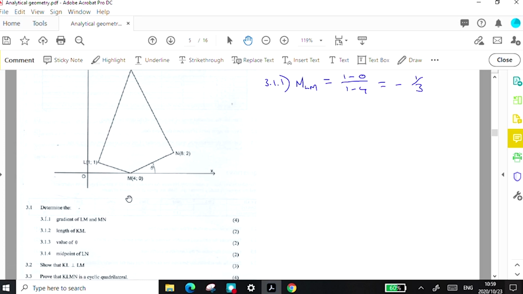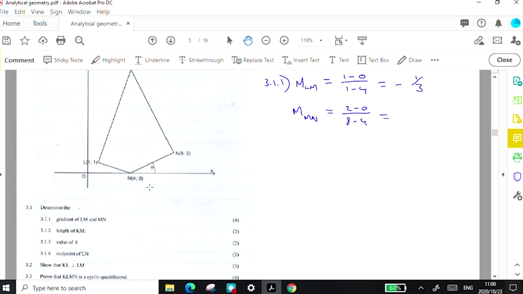And for the gradient of MN, again, we're looking for change in y, 2 minus 0, divided by change in x, 8 minus 4.